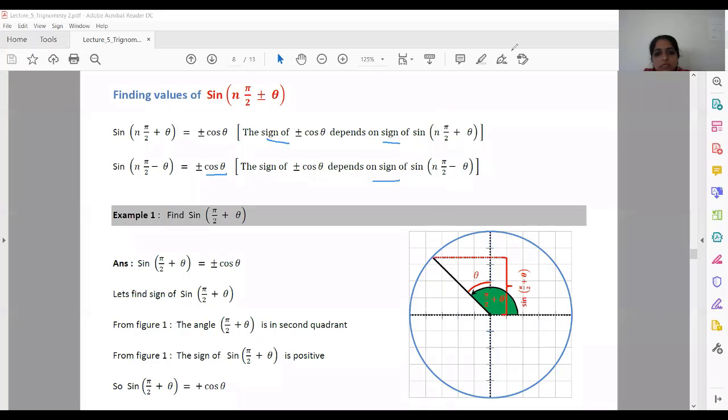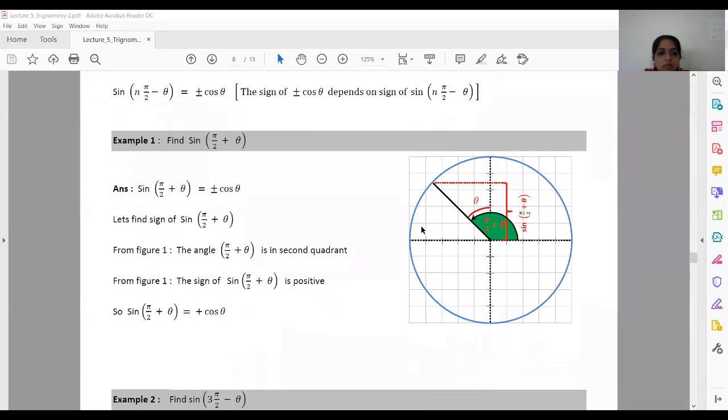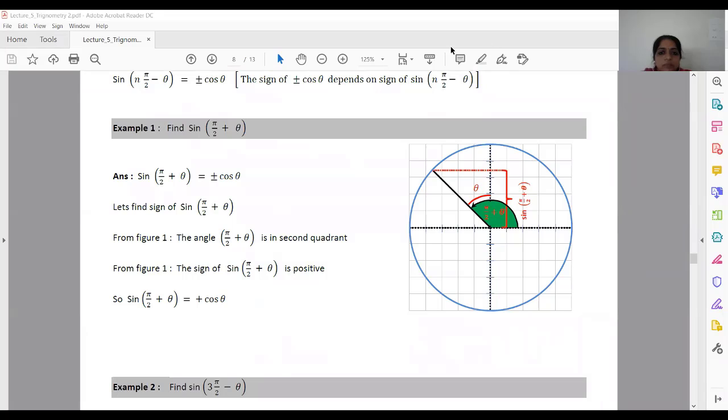Let's understand better with one example: find sin pi by 2 plus theta. Here pi by 2 means our sin function will convert into cos. But what is the sign of this cos, plus or minus?